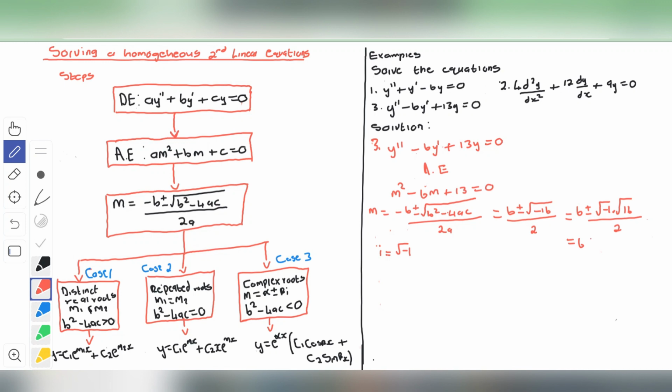So we're going to have 6 plus or minus the square root of 16, which is 4, multiplied by i, which is the square root of negative 1. Do you guys see it? All over 2, right?